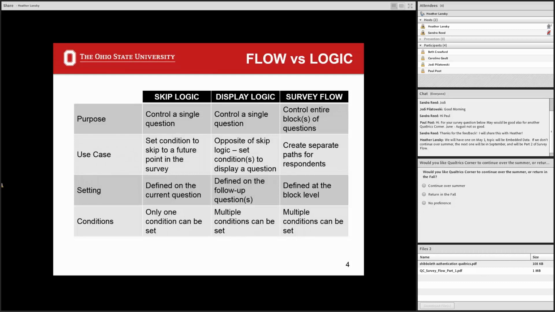So survey flow is really meant for studies or surveys where you're going to send different respondents down pretty different paths. So if you have maybe an intervention and a control group, or there's two pretty defined groups in your survey. You can do some other things with it, but that's really what it's intended for. And you define that at the block level. And again, multiple conditions can be set on that.